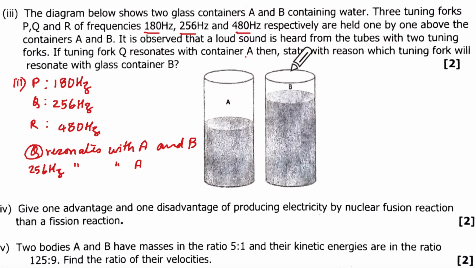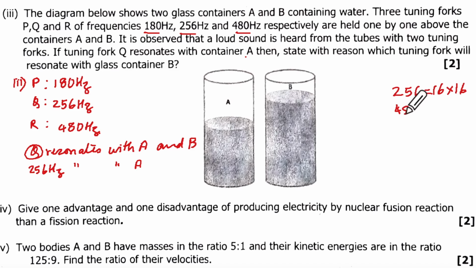Ma'am, wouldn't it be that it only is resonating with A and then the other frequency is resonating with B? For that you have to see the multiples, no? Here you have to see the multiple. Okay, now 256 is 16 into 16, correct?